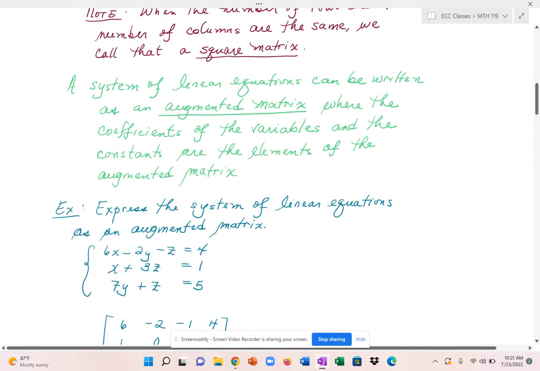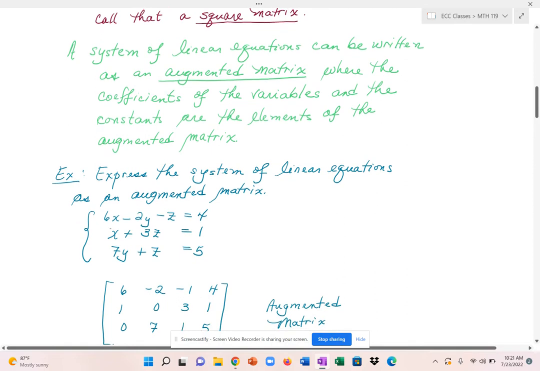So here I have 3 equations. You want to make sure that the variables show up in order. In other words, x, y, and z, just like this one with your constant on the other side. In the second equation, there is no y term, which is fine. And in the third equation, there is no x term, which is fine as well.